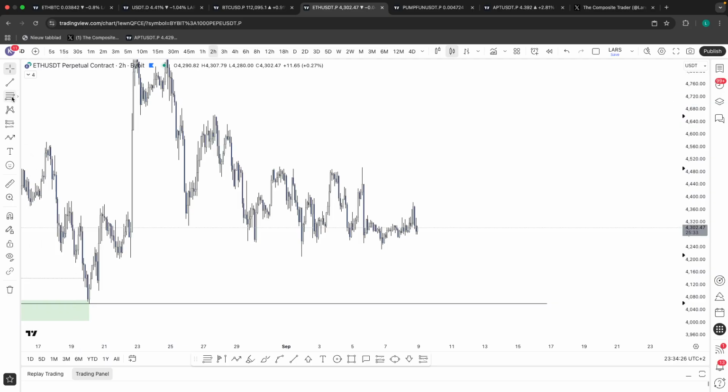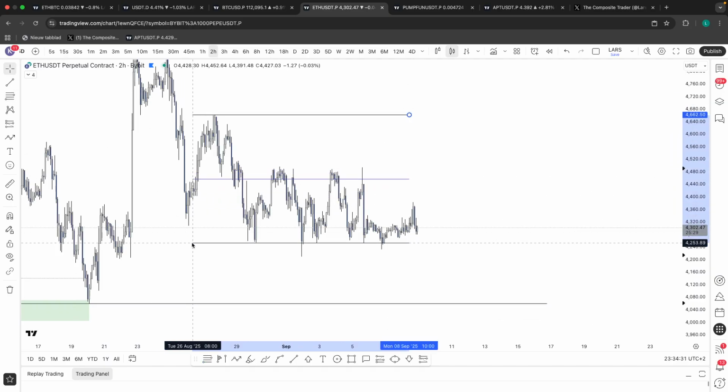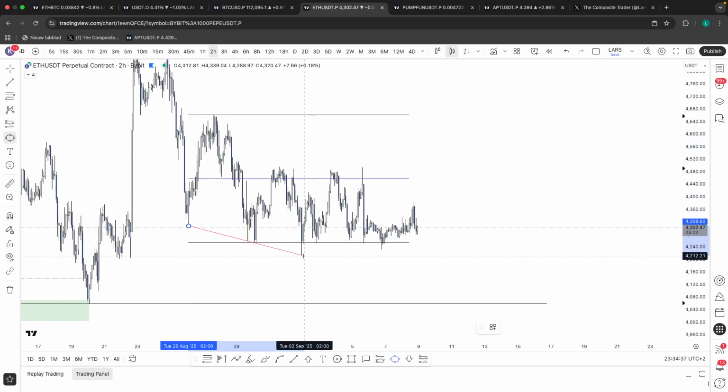So if you watched my previous YouTube video, you will know that we were looking at this accumulative range right here on ETH, which is a Model 1 accumulation schematic with your tab 1, with your tab 2, and with your tab 3.